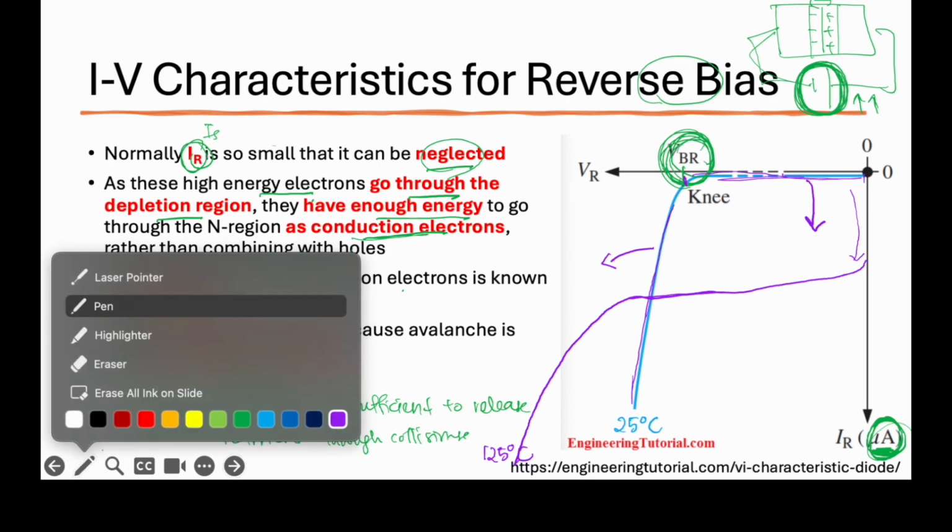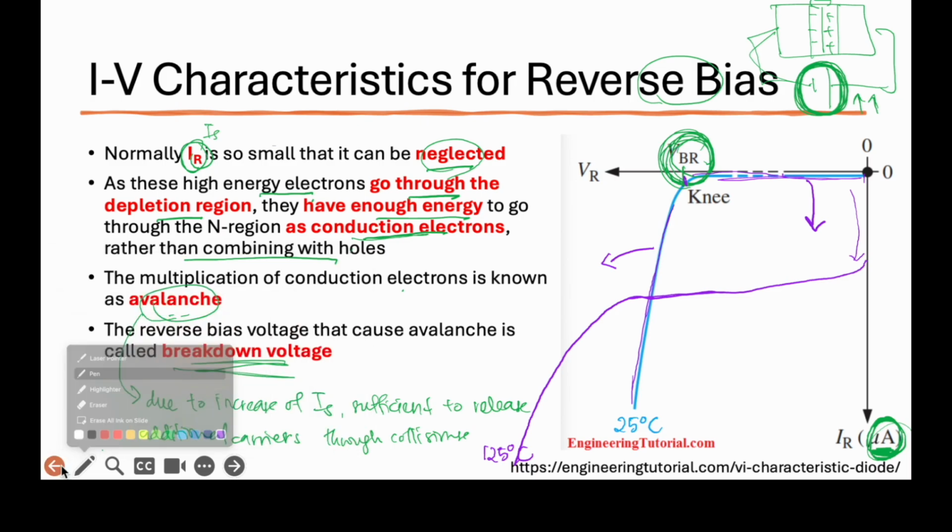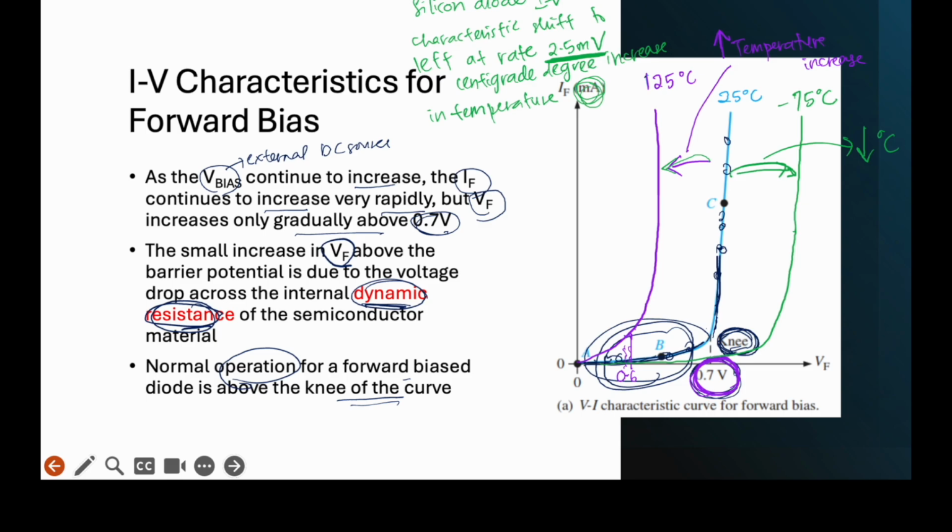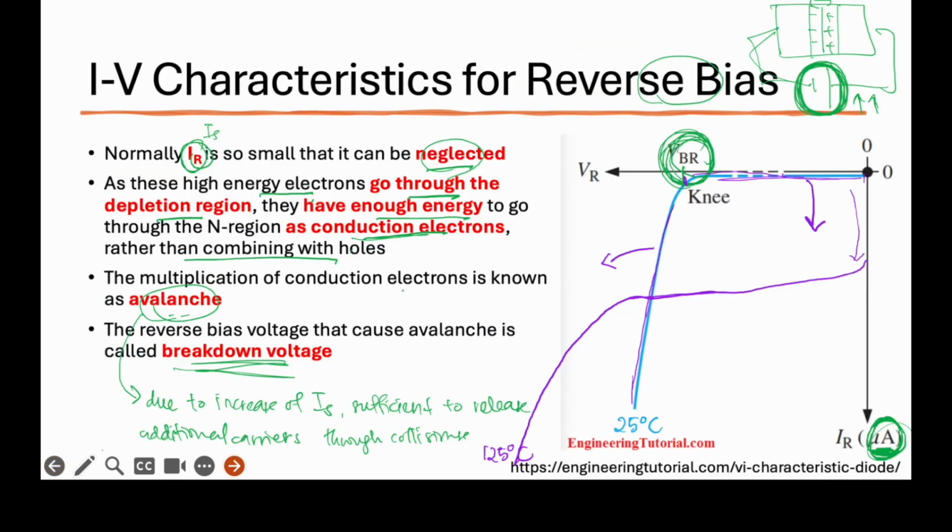When we reduce the temperature, the line will be like this. It will go upward, near to 0, and this line will go to the right-hand side.